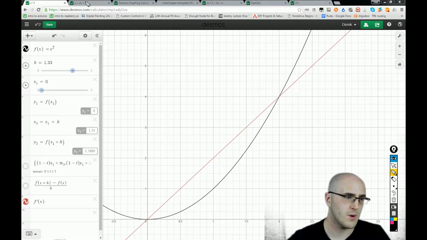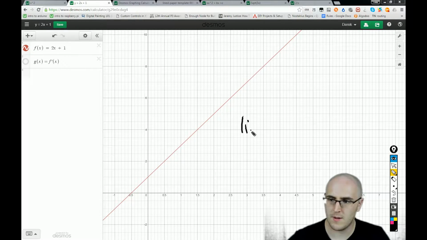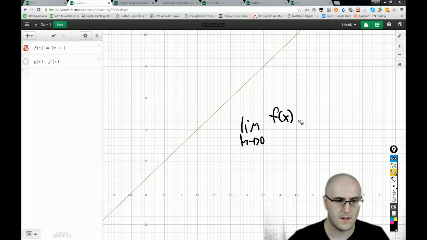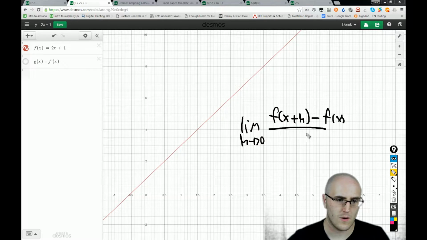So let's jump over to 2x plus 1. I'm going to go through this one again, just like before. We're going to derive its derivative. So we want to know the limit as h approaches 0 of f of x plus h minus f of x over h.